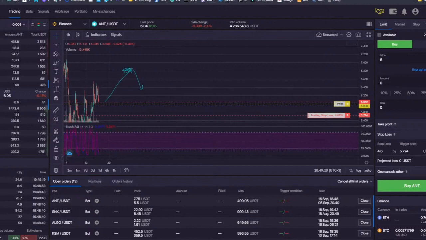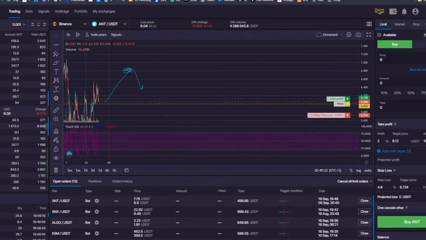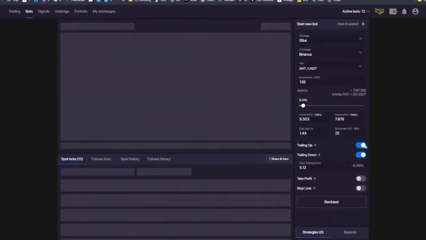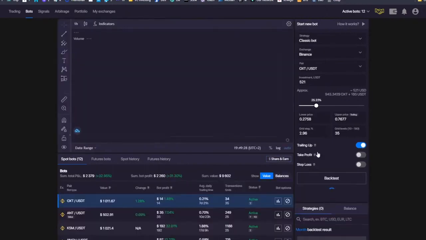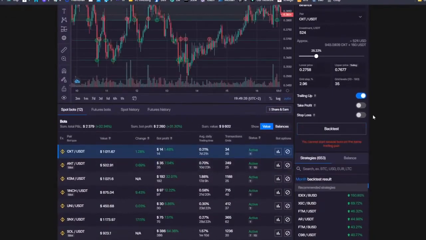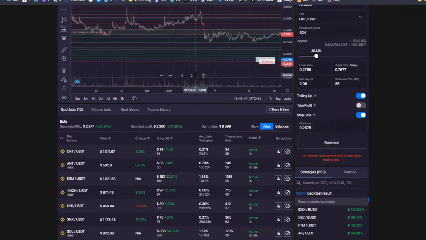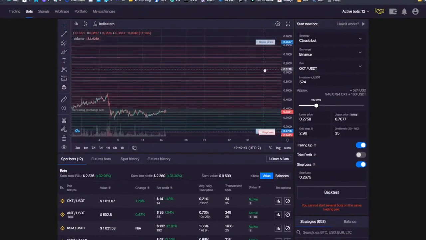In the case of the bot, when you have trailing up enabled, the stop loss also becomes trailing. So you set the trailing up and it automatically triggers a trailing function for the stop loss. So it's gonna move together with the market.